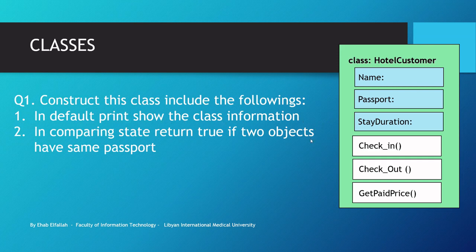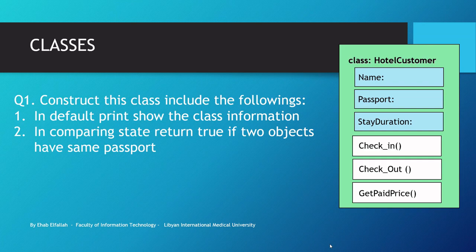So here we have to make a special method called STR, and in this STR method we will print the name, the passport, and the stay duration of the hotel customer. The second request is, in comparison, after we compare two objects from the hotel customer class, return true if the two objects have the same passport. So here we will compare only the passport, and we will return true if the two objects have the same passport, and return false otherwise.